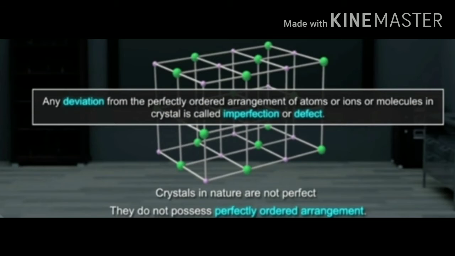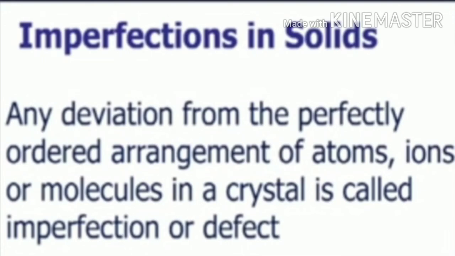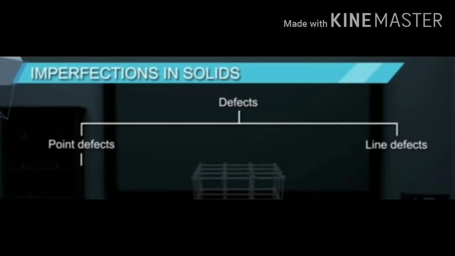So, any deviation from the perfectly ordered arrangement of atoms, ions or molecules in a crystal is called imperfection or defects. The defects are of mainly two types, point defects and line defects.